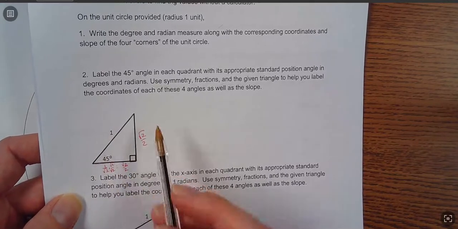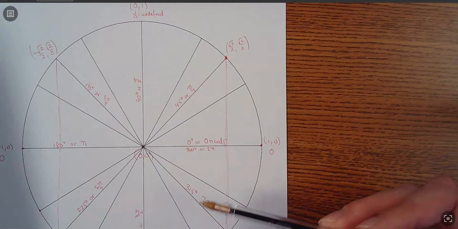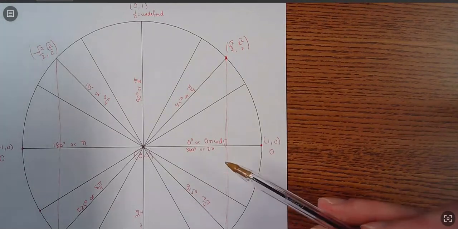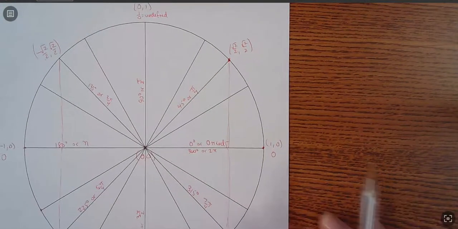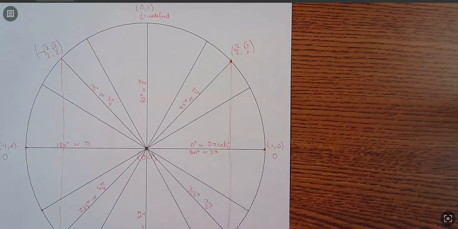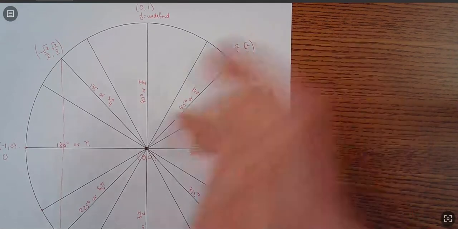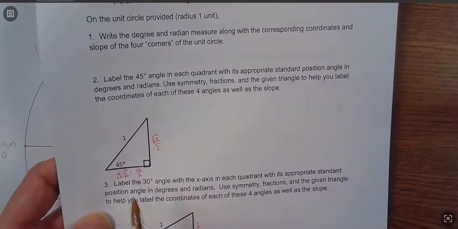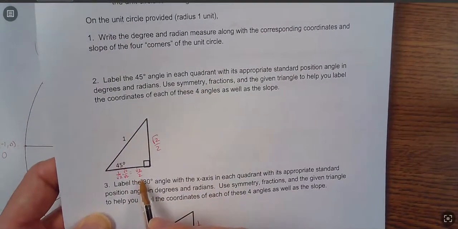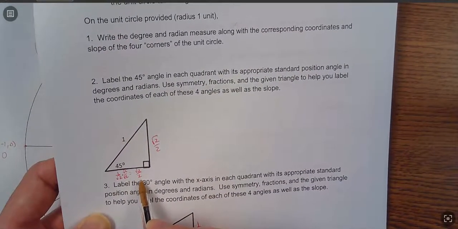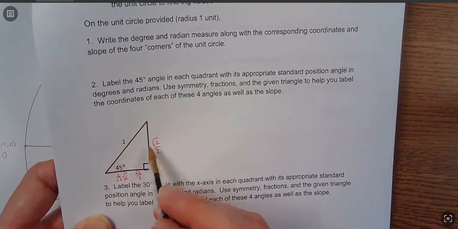In fact, the hypotenuse of every triangle I'm going to make here is 1. So cosine is adjacent over hypotenuse, and the sine is over 1 too. So really these coordinates are telling me answers. This would be the cosine. The cosine ratio, the adjacent over hypotenuse, is radical 2 over 2 over 1, which is radical 2 over 2. The sine ratio is opposite over hypotenuse.